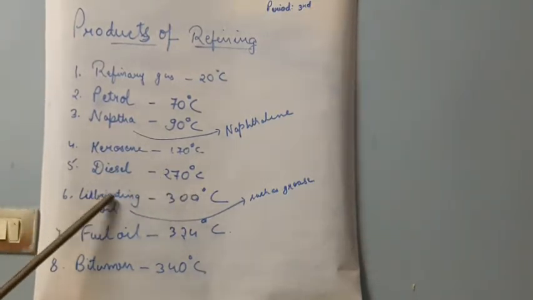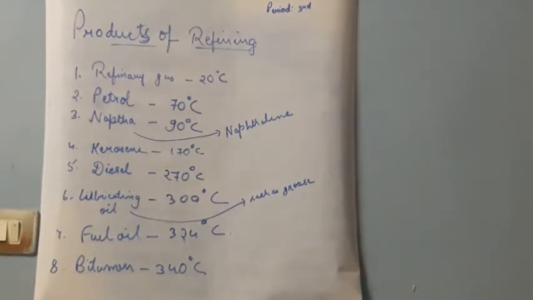Then lubricating oil, the oil which is used to make rough surfaces smooth, such as grease. We all know grease; it is used in the joints of doors and also in vehicles. Lubricating oil forms vapors at 300 degrees centigrade.